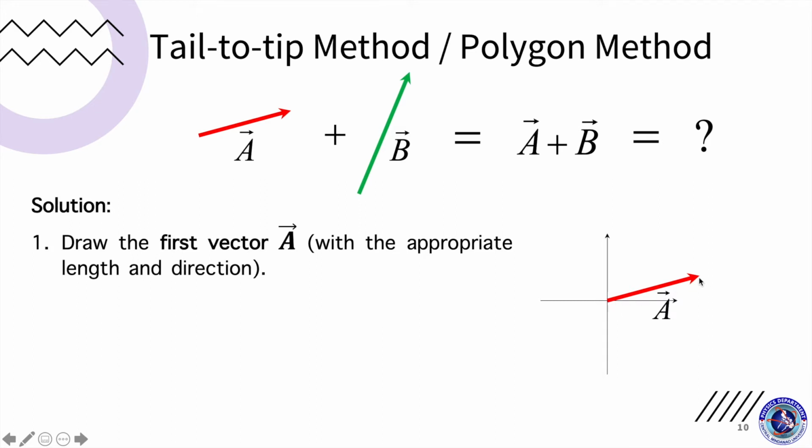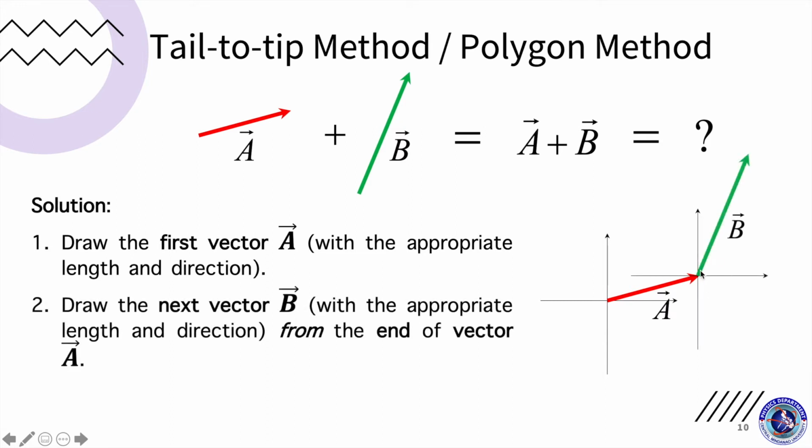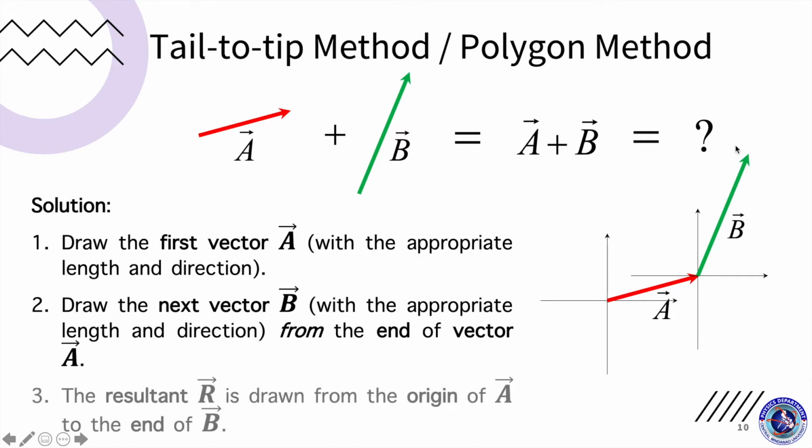And then next, at the tip of your A, mura ka mag-create og arbitrary origin, and then dira mo i-graph ang B vector. So meaning to say, at the tip of A, connected ang tail pud sa B. And then your resultant vector will be from the origin, or tail of A, to the tip of B. That would be your resultant vector, A plus B vector.